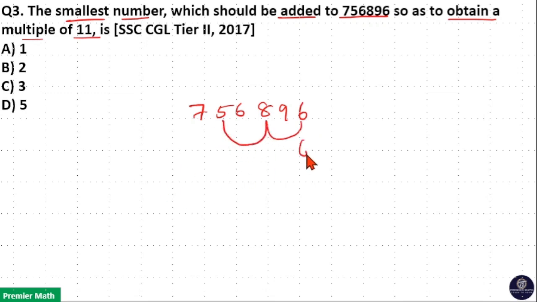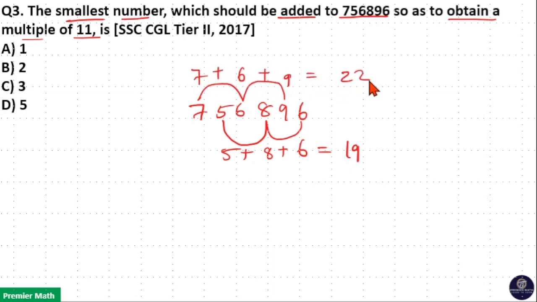Now take the sum, that is 6 plus 8 plus 5, which is equal to 19. Now take the sum of digits at even places, that is 9 plus 6 plus 7, which is equal to 22.